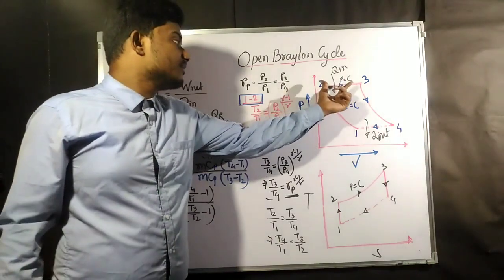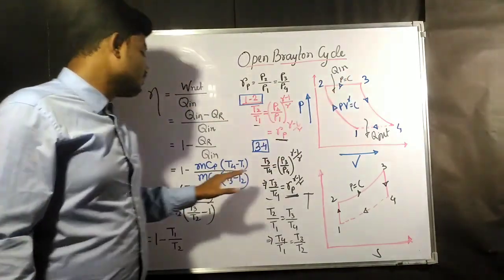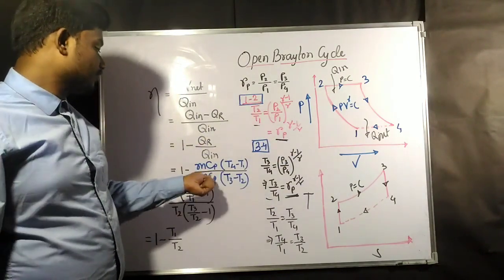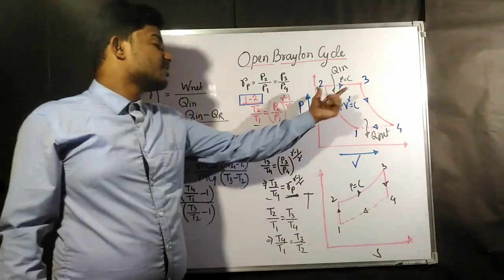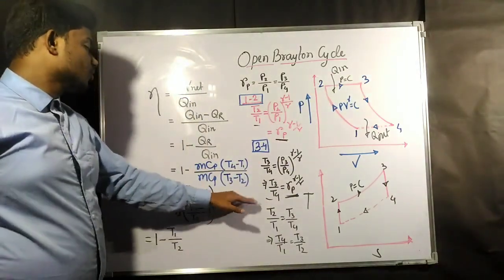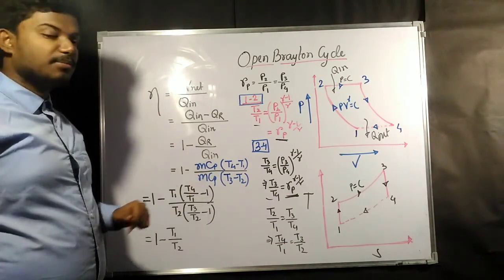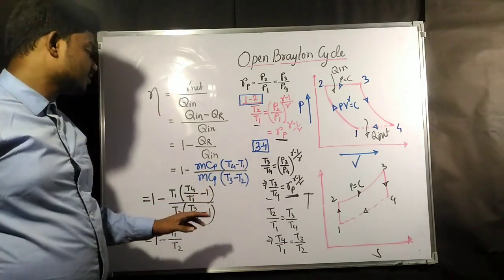And what is Q in? This is also a constant pressure process. Q in is going to be the mass of air taken in, mass into specific heat at constant pressure into the temperature difference during this process, which is T3 minus T2. So mass and Cp are going to get cancelled out. The remaining thing is T4 minus T1 and T3 minus T2.